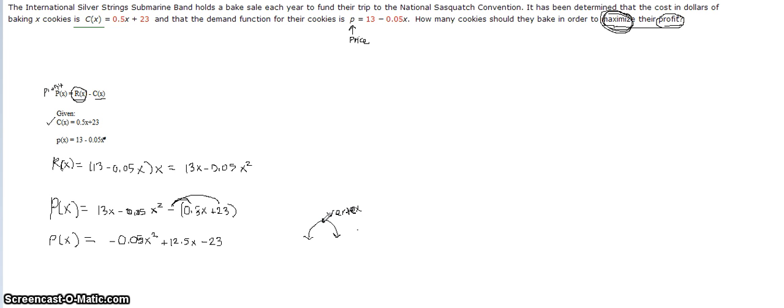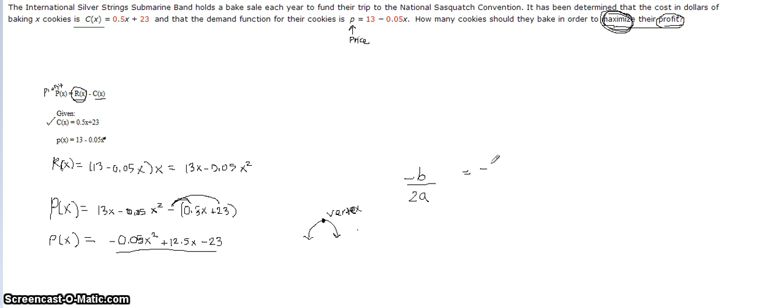So there is a way to find the vertex of a quadratic equation like this that doesn't take too long. The formula says to do negative b over 2 times a. If I do that, I will find my maximum of this profit function, and that will tell me the amount I would need to sell to get my maximum profit.